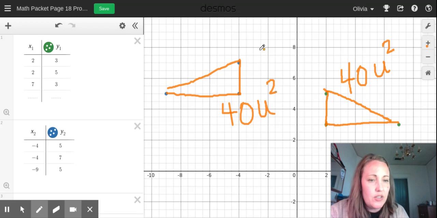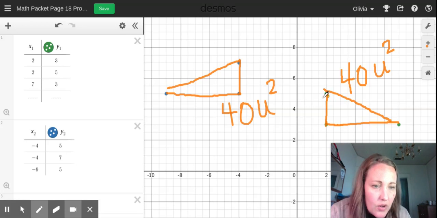If you took Donnie's triangle right here and you flipped it, okay? So we're going to flip it across the y-axis. Now notice that we would end up with this point right here, this point right here, right? And then we could count 10 over for that other point.